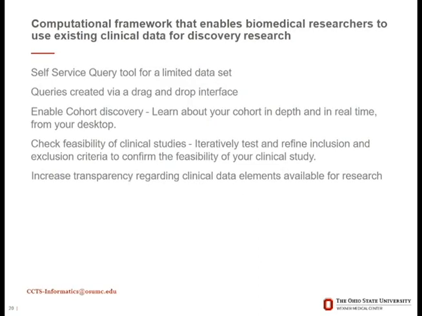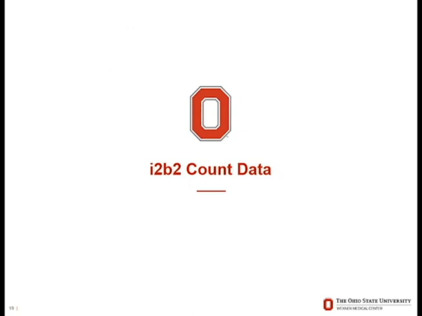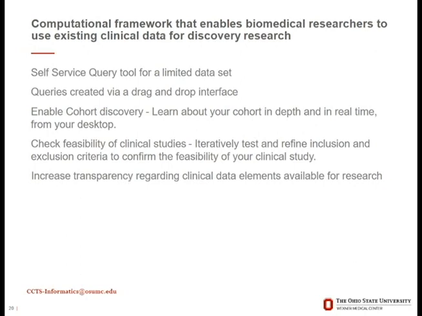All right. The next place you can get research data is called I2B2. This is only count data that you can request using I2B2. It is not requesting. It is essentially a self-service query tool. If you have access to I2B2, you will log into I2B2 and you get a query portal where you will drag and drop the data elements that are available, and then you will run the query by yourself.